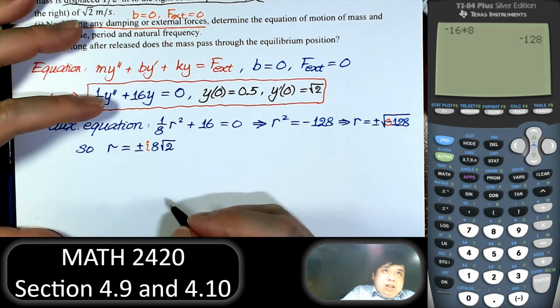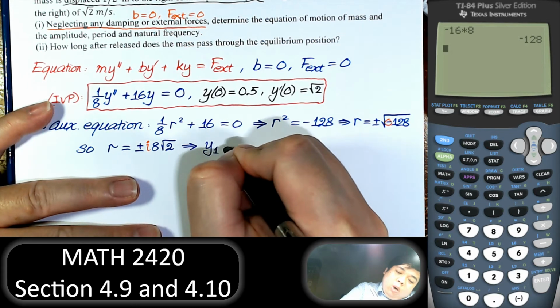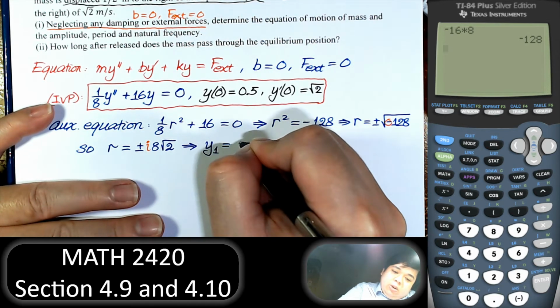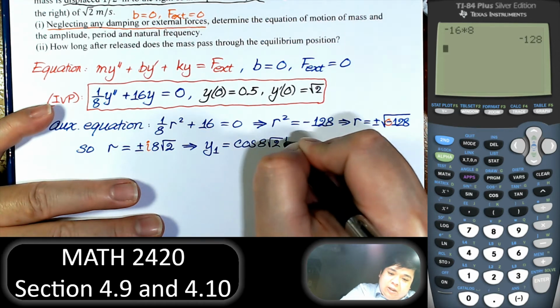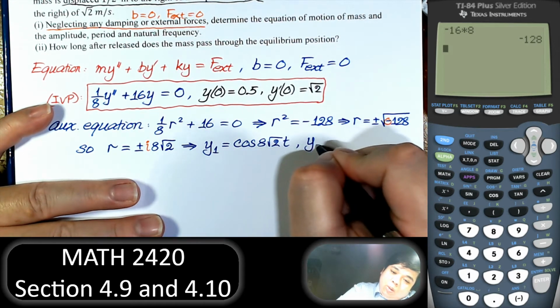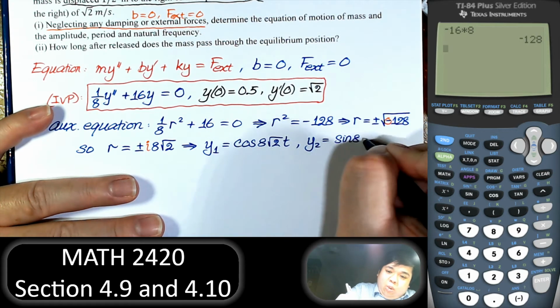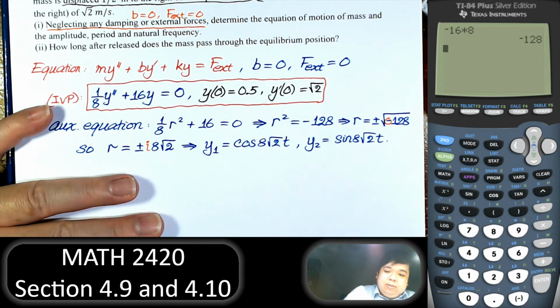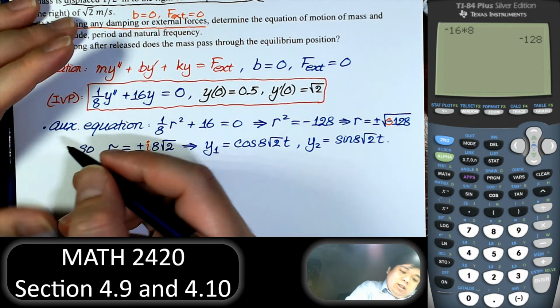Because of that, we can say the solution y1 equal to cosine of 8 square root of 2 t, y2 is sine 8 square root of 2 t. And put them together, the complementary solution.